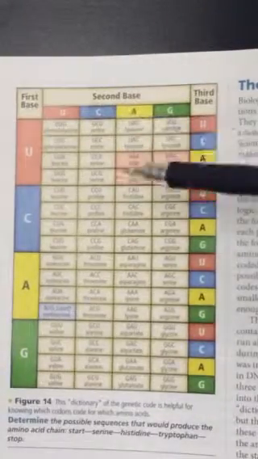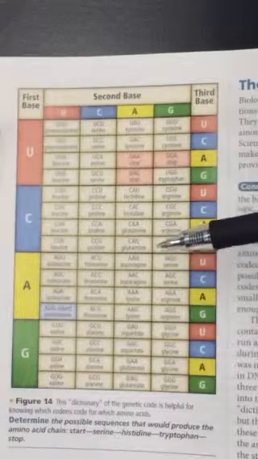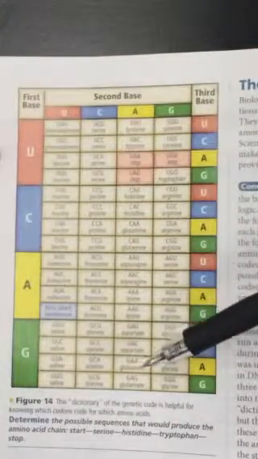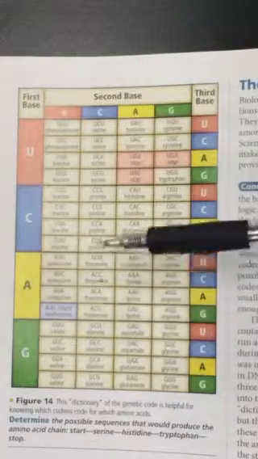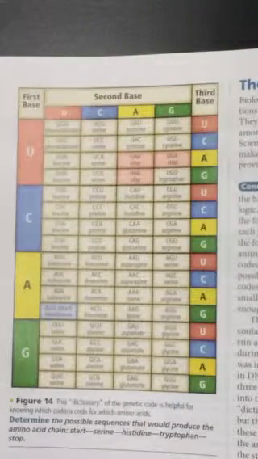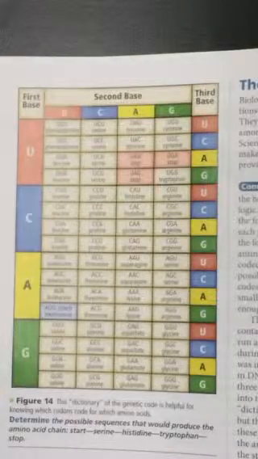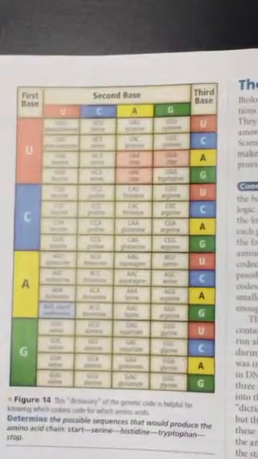Every three letters codes for an amino acid. This table, this coding dictionary, is organized so that you can follow the sequence of letters and figure out what amino acid is being coded.